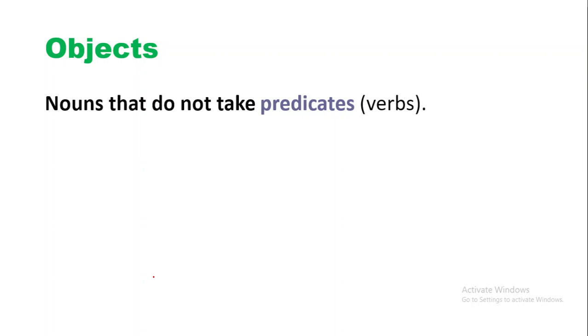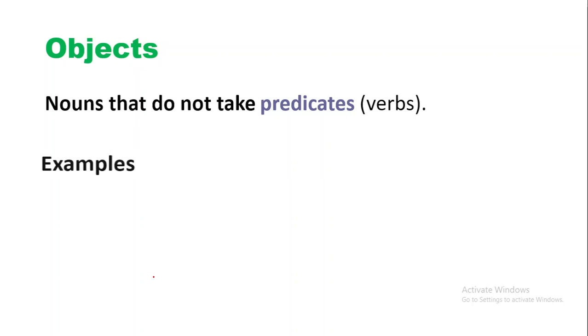Now within a predicate we talk about the objects. The nouns that do not take verbs are basically the objects. Subjects and objects both are nouns, but the difference is that for the subject you need a verb to complete the sentence, but for the object you do not need any verb.